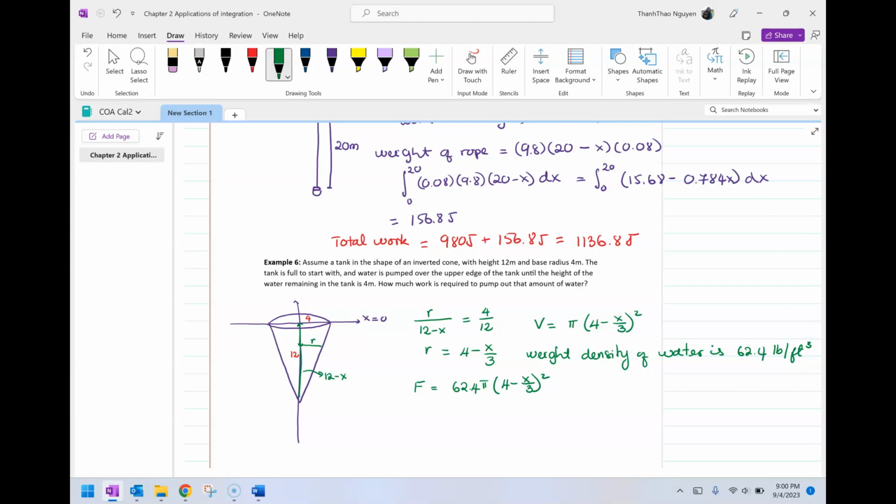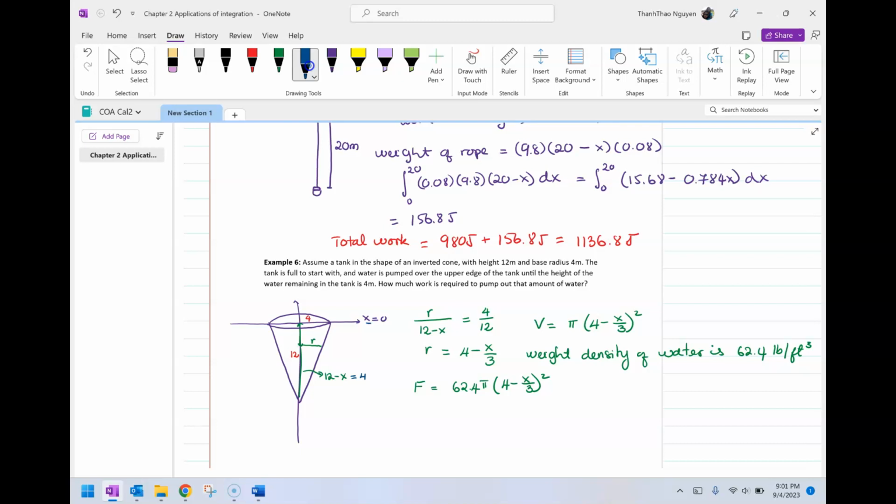Now, we pump out the water so that the water remaining in the tank is 4 meters. Since the cone is 12 meters, we pump out 8 meters of water.